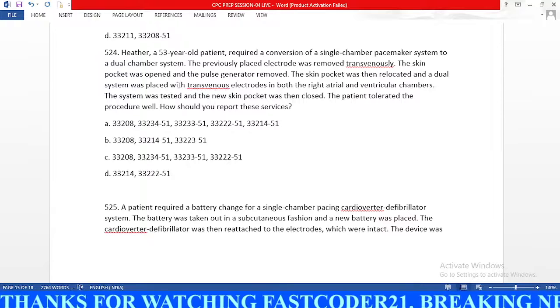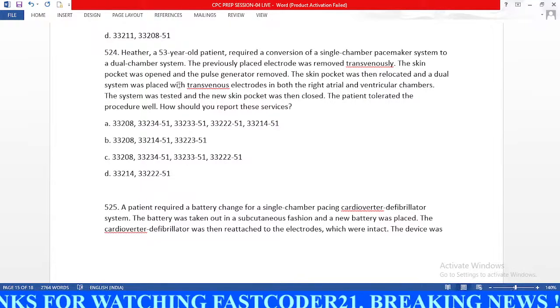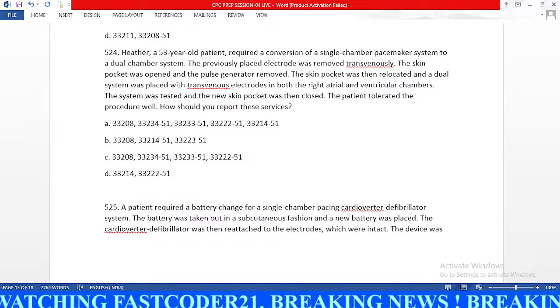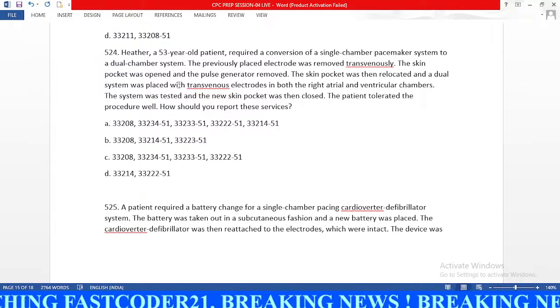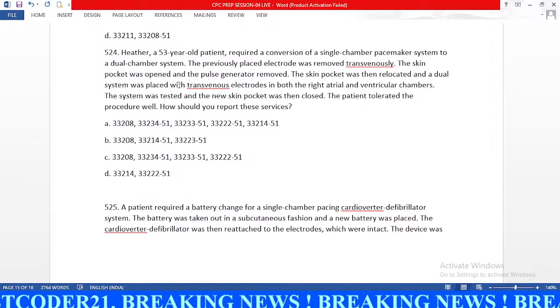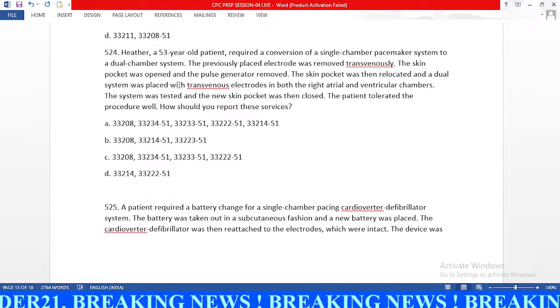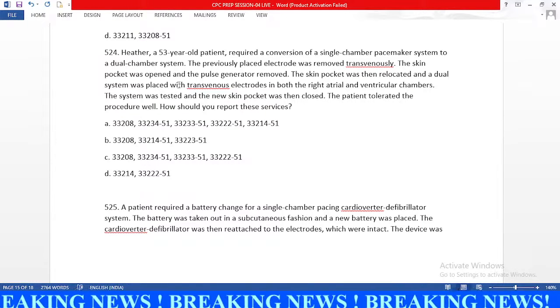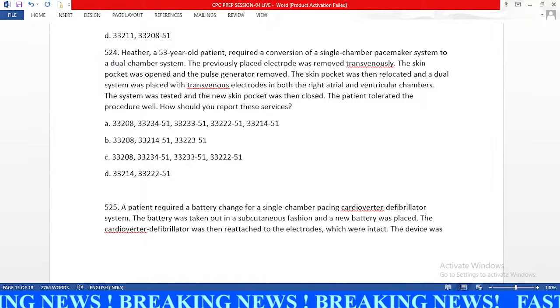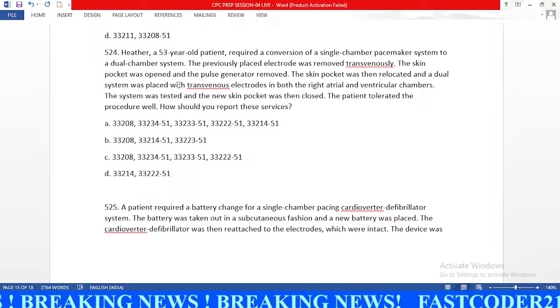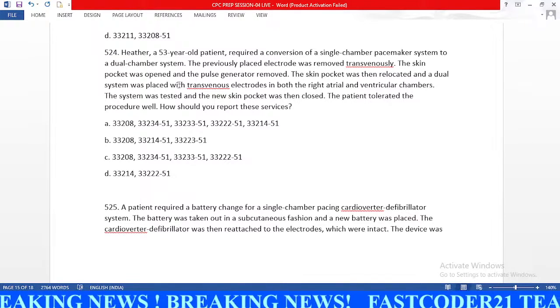So this is also a bit complex. Let's try for 2 or 3 minutes, and we can discuss later. So first one is 33208, but this question is related to the previous question, and you need to check the keywords here. 33208, 33234, 33233, 33222, 33214.